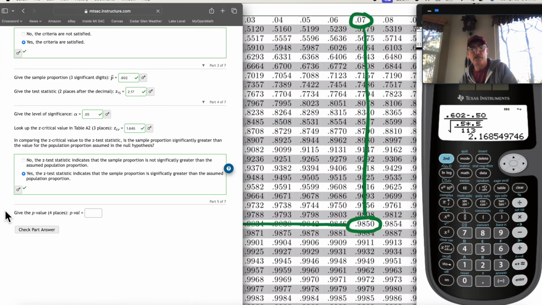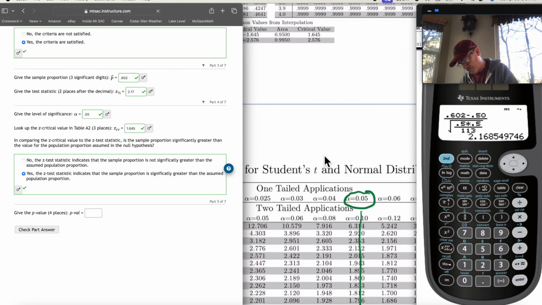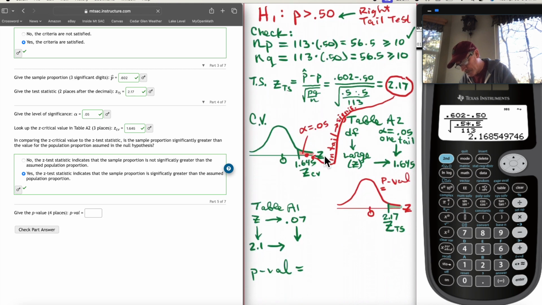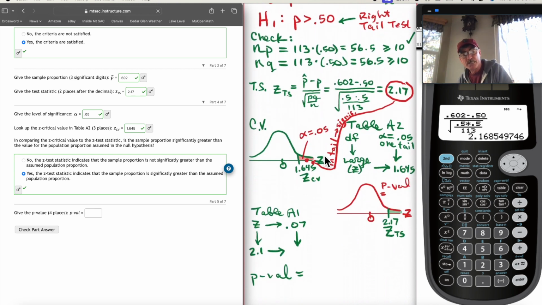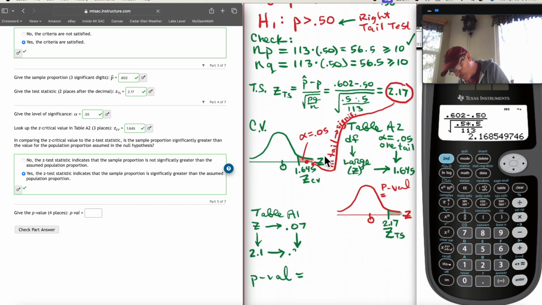So in the table, as I say, it's 0.9850. That's the area to the left. Okay, that's not what we want. It's a right tail test, so we've got to do 1 minus 0.9850 to get our p-value.